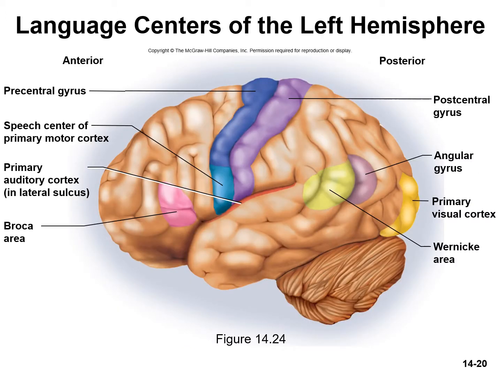There are two language centers of the left hemisphere that I wanted to make a note of: the Wernicke area and the Broca area. The Wernicke area uses knowledge of grammar to transmit a plan of speech to the Broca area. The Broca area then helps prepare us to speak or utilize sign language by generating a motor program to muscles involved in speech.